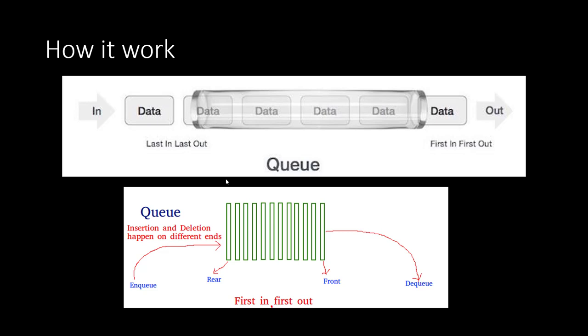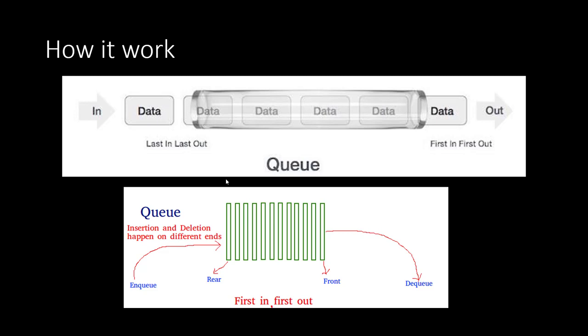Rear is something that keeps adding. Sometimes we call rear the back as well. It keeps track of the element or data that is inserted. So new elements go into the rear, and the existing elements keep getting pushed to the right side, and front is keeping track of the first member that came in the queue.